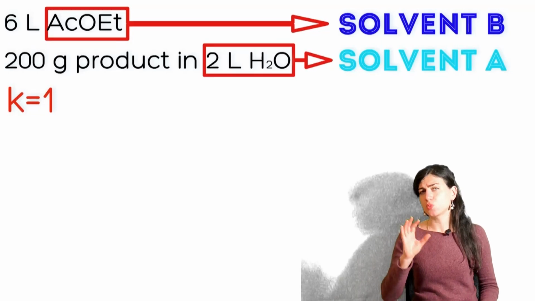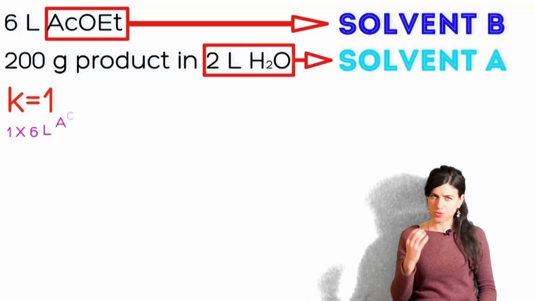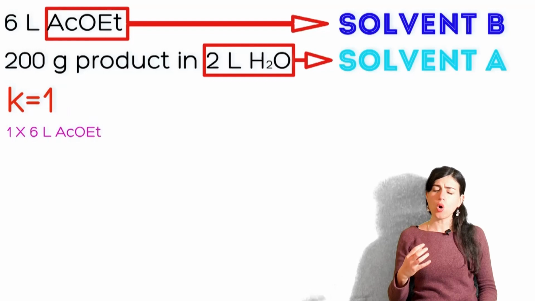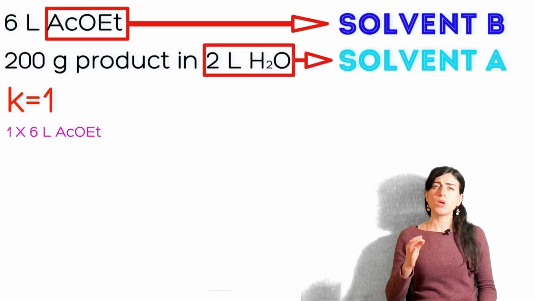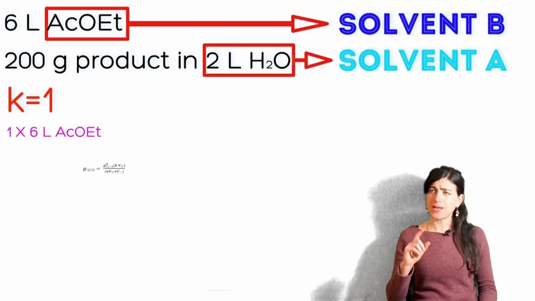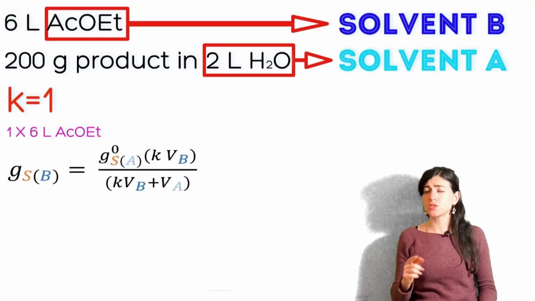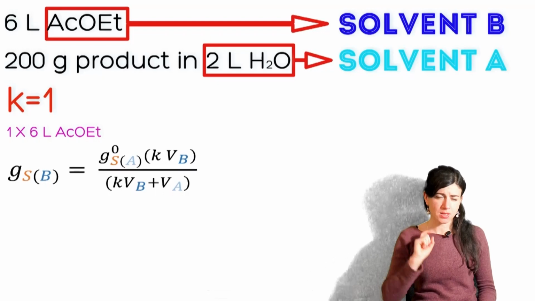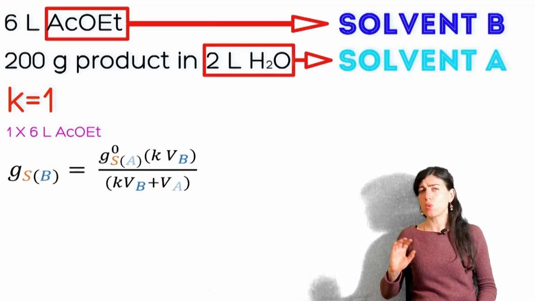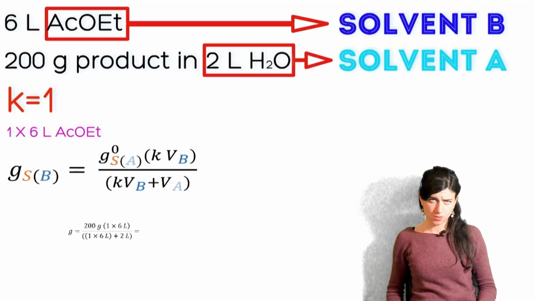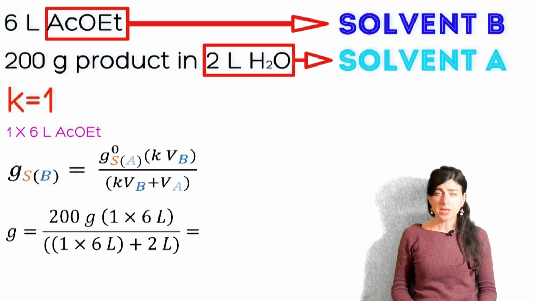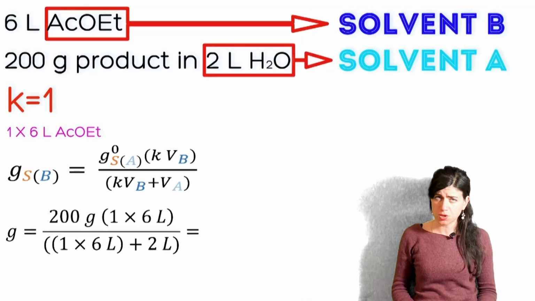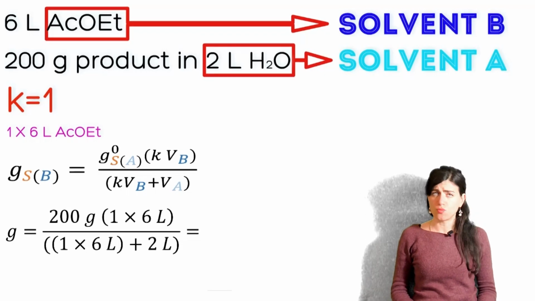So let's pretend to perform a single extraction using all the 6 liters of ethyl acetate. So now we will take the equation with n equals 1 because we are doing just one extraction. Let's plug all our data into the equation: the entire 6 liters of ethyl acetate, the 200 grams of our solute, and the 2 liters of water.